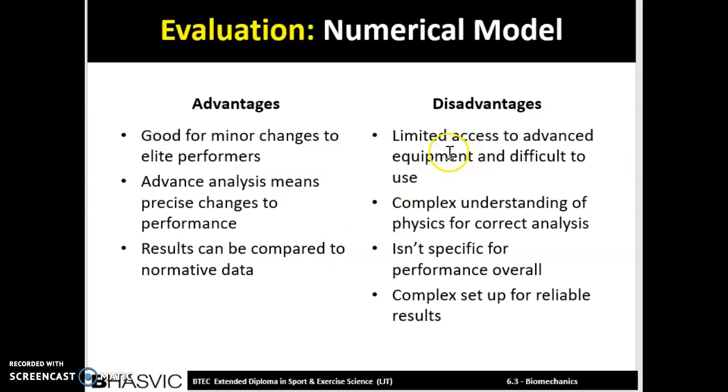Some disadvantages of this: there's limited access to this advanced equipment, and it's difficult to use. So it would only really be available in universities or high sporting facilities. So it would only be available to those elite athletes, not those low-level, county, casual, amateur leagues, as they wouldn't have the finance or the facilities to do this.